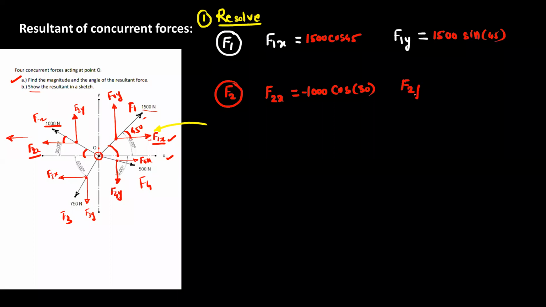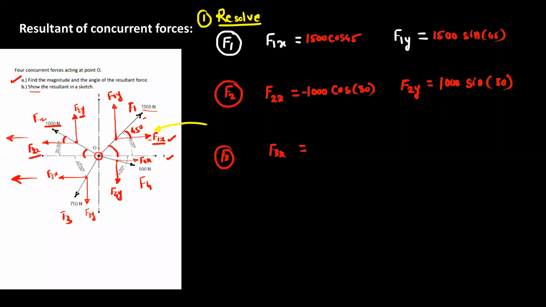Next is F2y. F2y is positive y direction. So it is positive and it is opposite to angle 30 degree. So this will be 1000 sine 30. Next is F3. So F3x is equal to, now observe F3x, it is towards negative x direction.